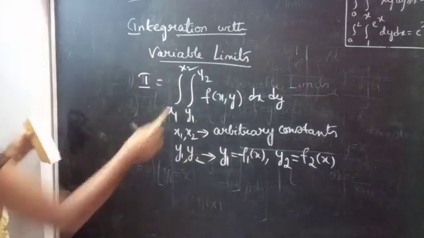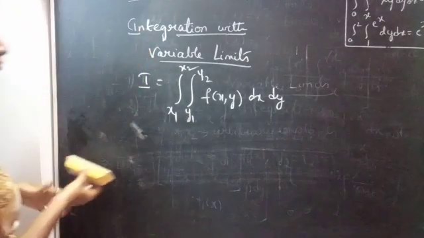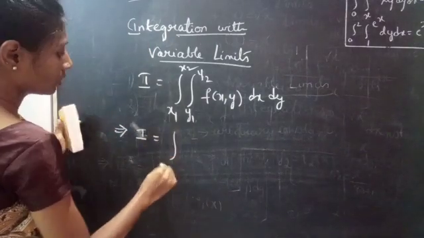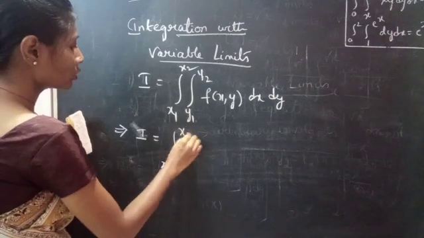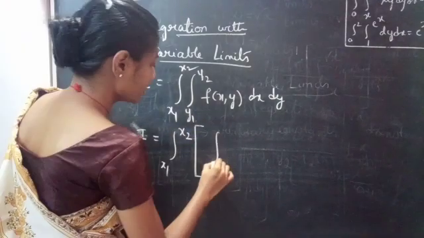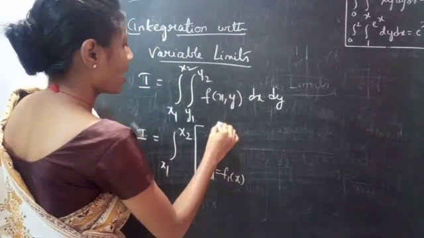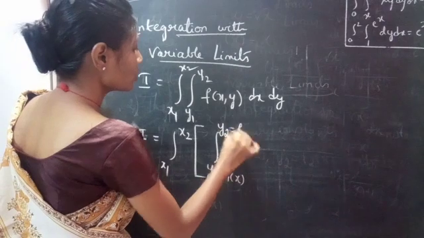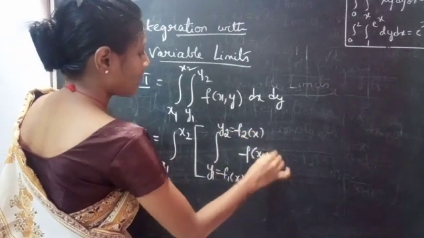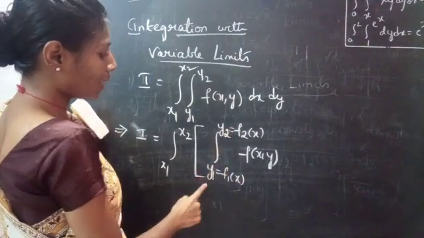So this implies I equals to integral x1 to x2, which are constants, and integral y1 equals f1 of x and y2 equals f2 of x of function of x comma y, since you're having variable limit y.